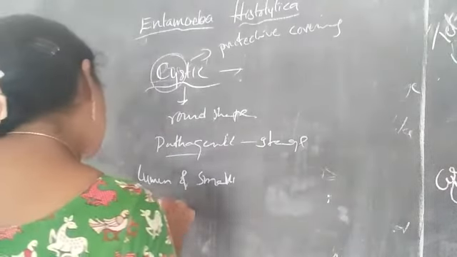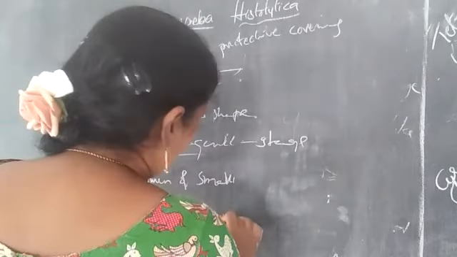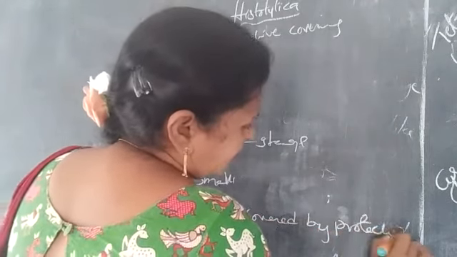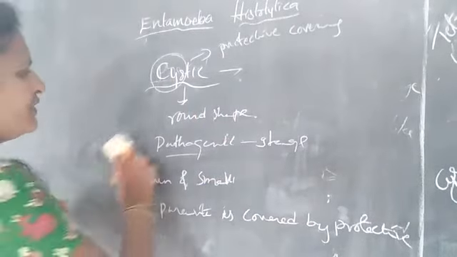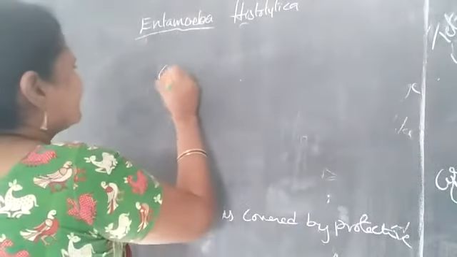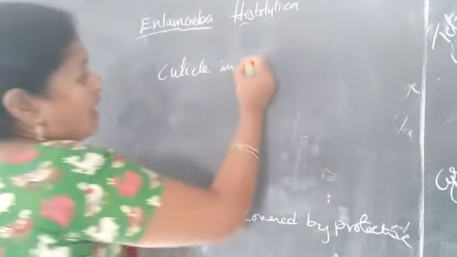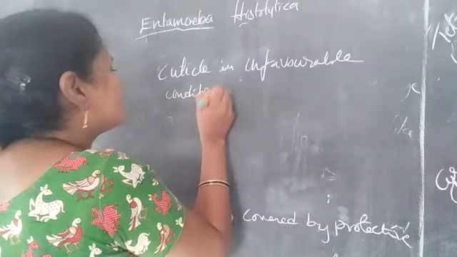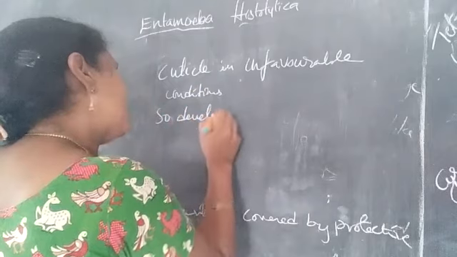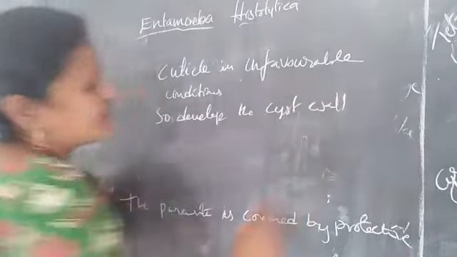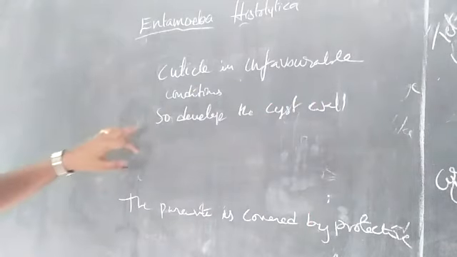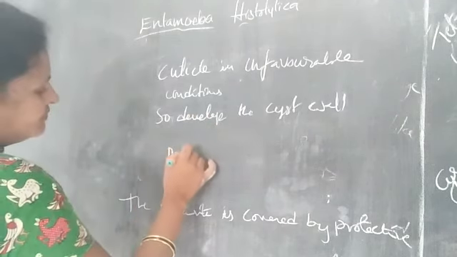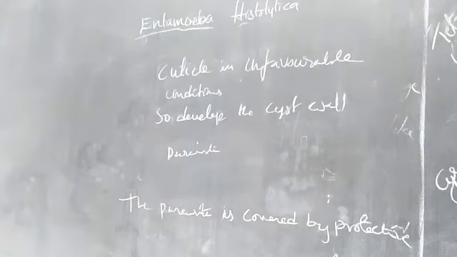In unfavorable conditions, the parasite develops a protective cyst wall, and it is present inside the host body.